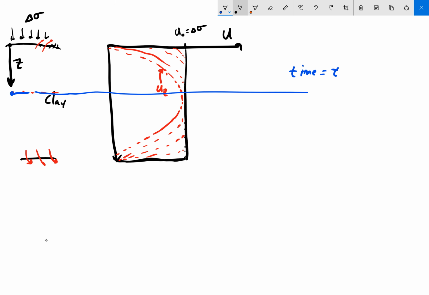Okay, so what I need to do is this distance, that's equal to U naught. Whatever the distance is to wherever my actual U sub Z value is, that's equal to U sub Z. So that ratio U sub Z divided by U naught is going to be a ratio.